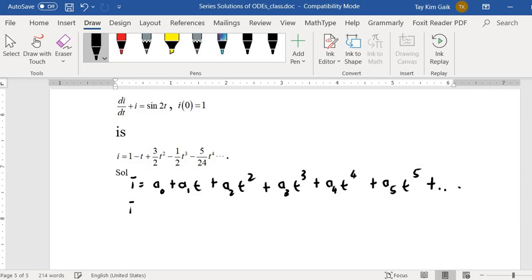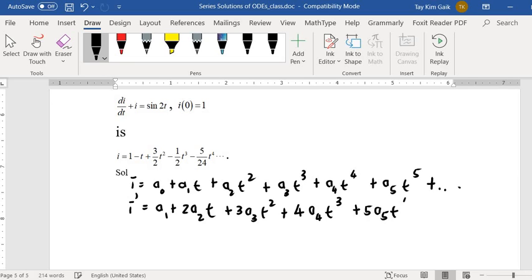So di/dt is i prime: a1 plus 2a2 t plus 3a3 t squared plus 4a4 t cubed plus 5a5 t power 4. Then the i you replace by this, the di/dt is this, and the right side is sin 2t.